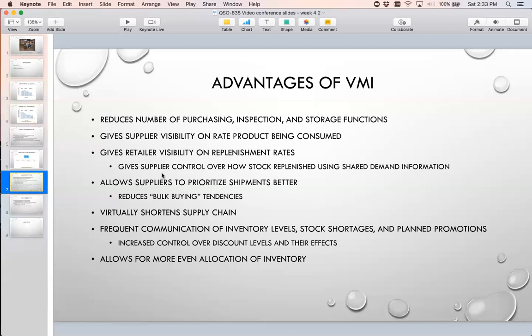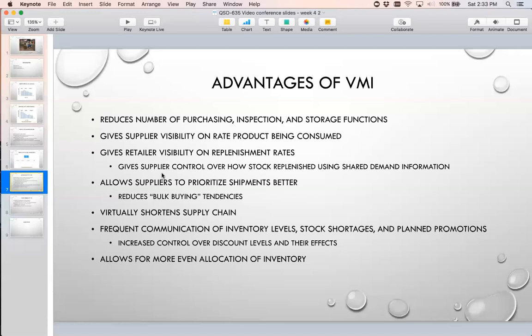Now, what it doesn't do is communicate capacity. What it does is it gives the retailer a visibility over past performance on their ability to provide products, which is helpful, but it doesn't provide information over their capacity.